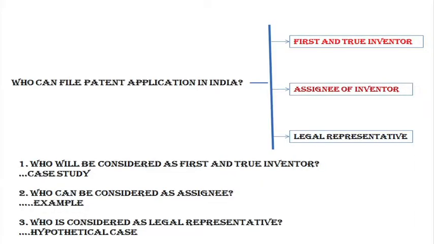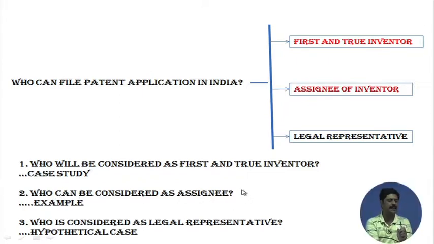Then who can be considered as assignee of the inventor? Let us say you have invented something, but you are working in an organization. What does the organization policy suggest? Whatever you create or invent, you have to assign to the institute.